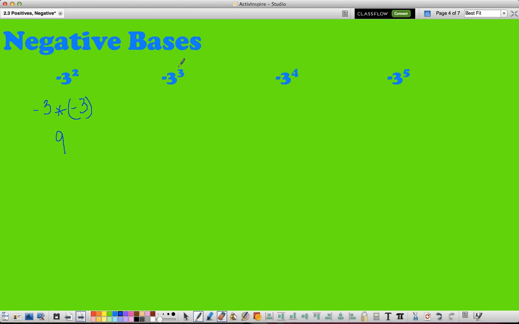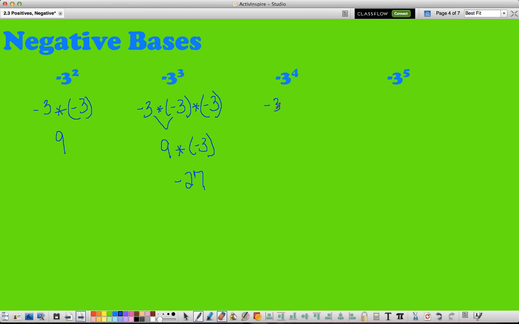So let's look at what happens when I have 3 negative 3's. So negative 3 times negative 3 times negative 3. These two negatives give me that positive 9, but then I'm taking that positive 9 times a negative 3, which is going to give me a negative 27. So let's see if we can find any patterns here.